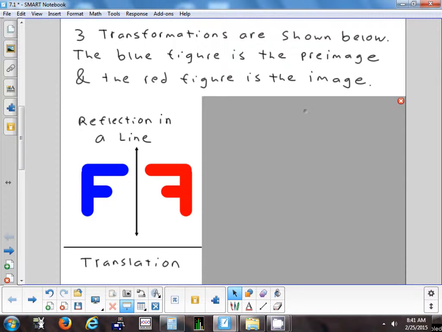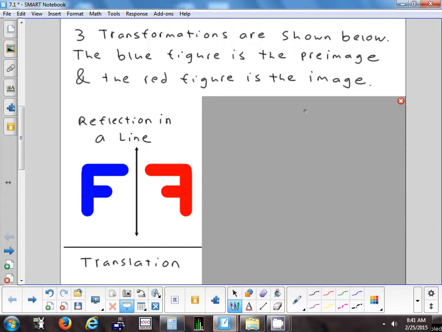Okay, so a reflection, generally we have a line. It doesn't have to be vertical or horizontal. I could have it on an angle. But the point is, wherever my line is, I reflect over that line. So if you compared the image and the pre-image, the pre-image is in blue. The red one is the image. Are they the same size? Yes, they're the same size.